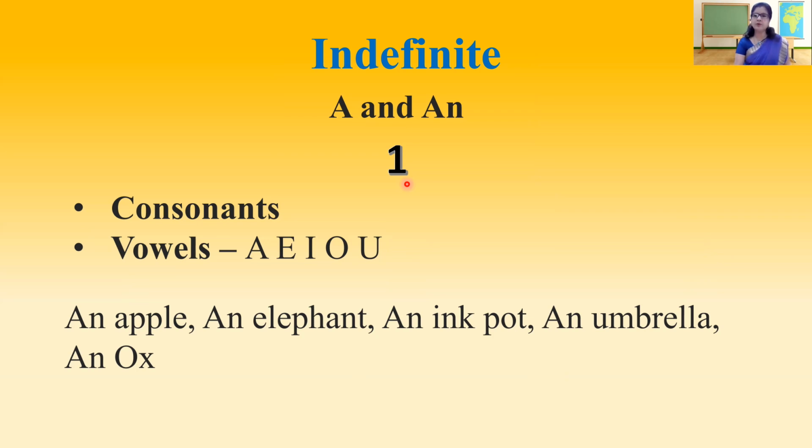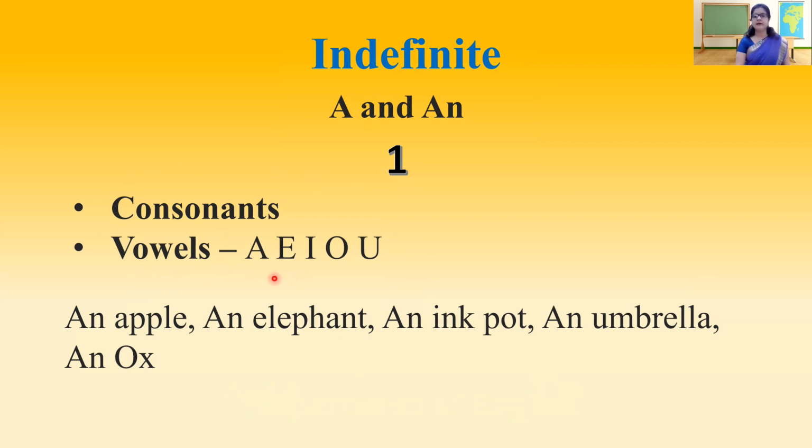So when we have to use an, I told you, in the English alphabet there are 26 letters, isn't it? So there are two sets. One is called consonants and another one is called vowels. So what are vowels?